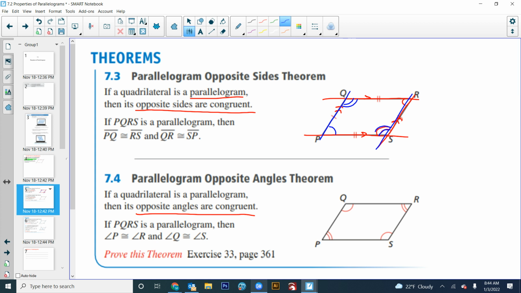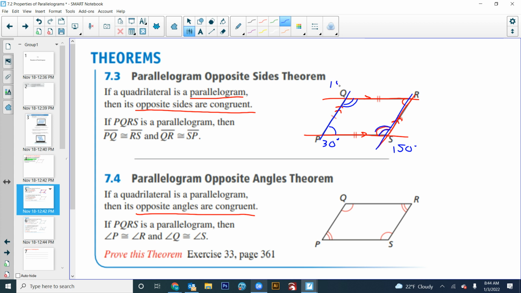Let's make them different. 30 and 150. Are these supplementary? Do you see how I showed you with parallel lines that consecutive angles are supplementary? You agree with that, right? What must angle Q be if these two are supplementary since there's consecutive interior?